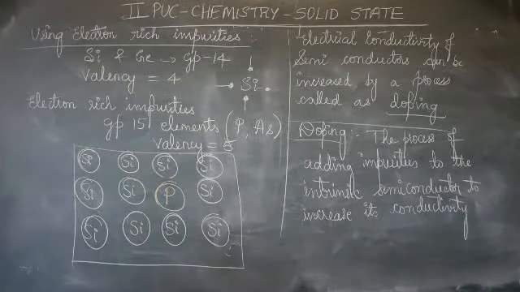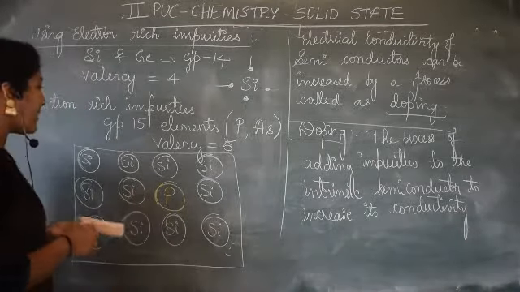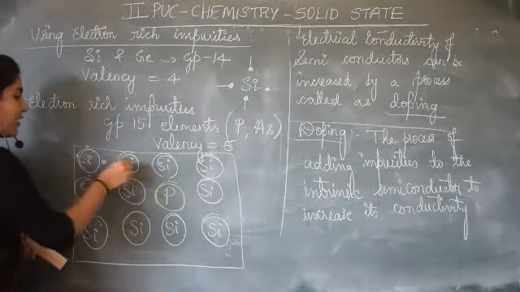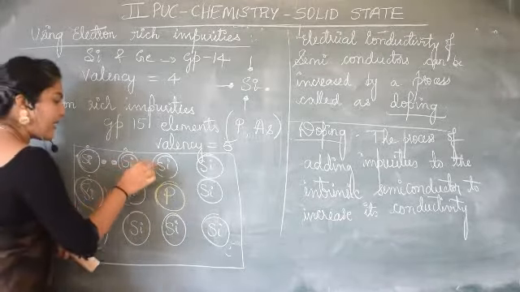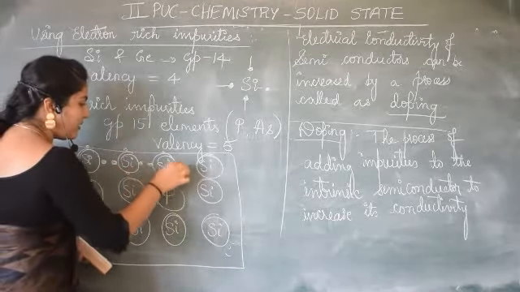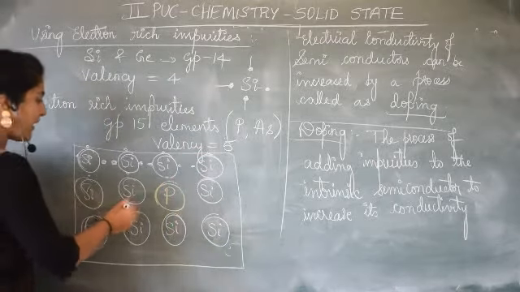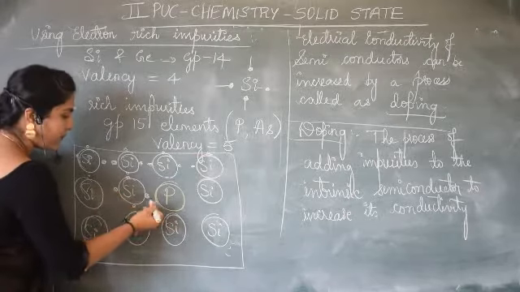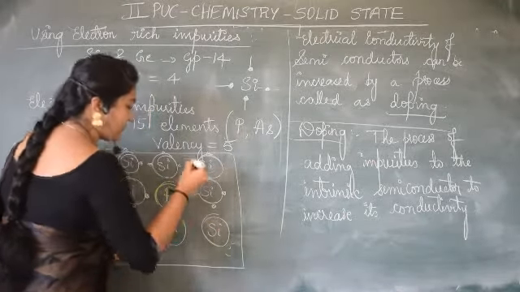Silicon had 4 electrons, which used to form bonds with the neighboring ones. All had 4 electrons around it. Here 1, 2, 3, 4. Same way here 1, 2, 3 and 4.